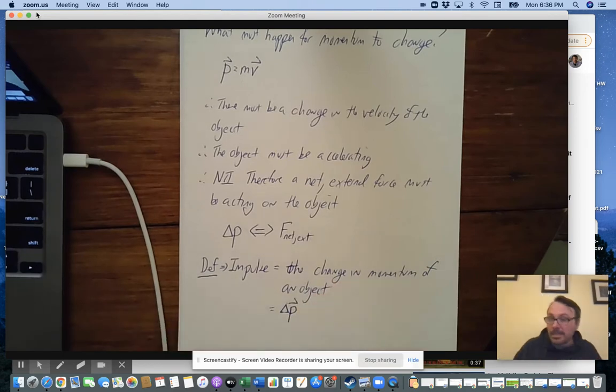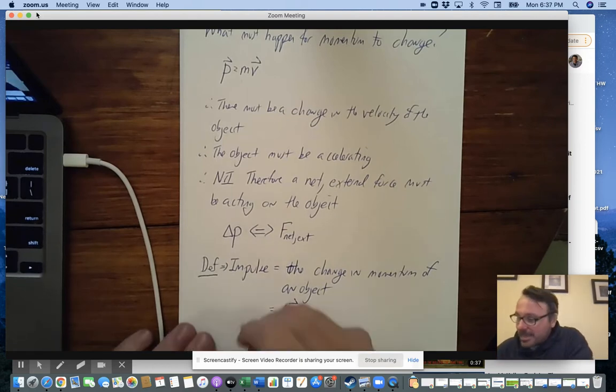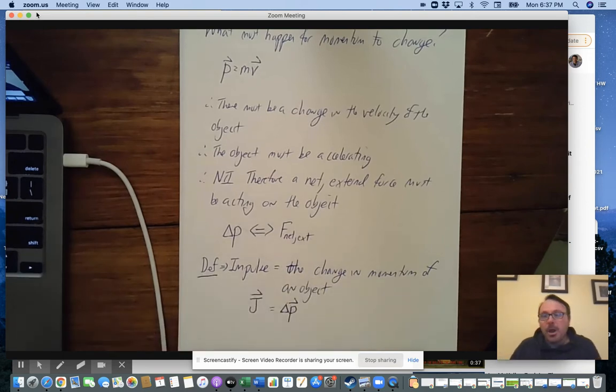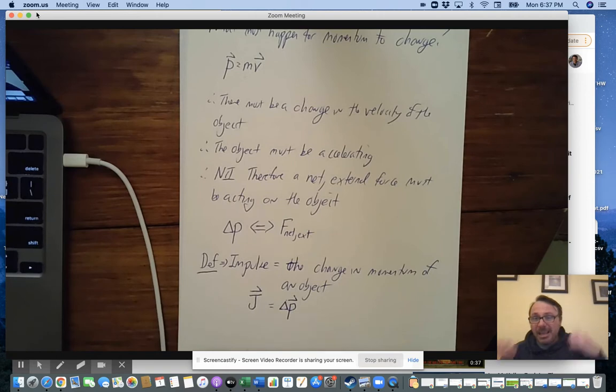Now, because momentum is a vector, that means impulse is a vector. In most textbooks, they give you a symbol for impulse, and that symbol is capital letter J, vector. I am not going to do that. I'm never going to write that. Why? Because delta P means impulse, and delta P literally tells you what the concept is.